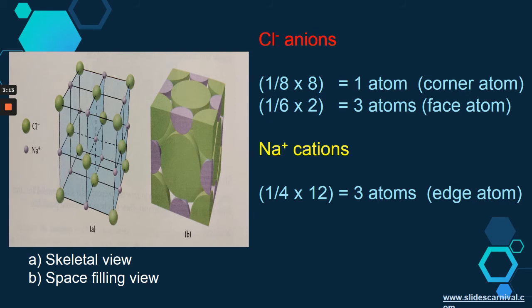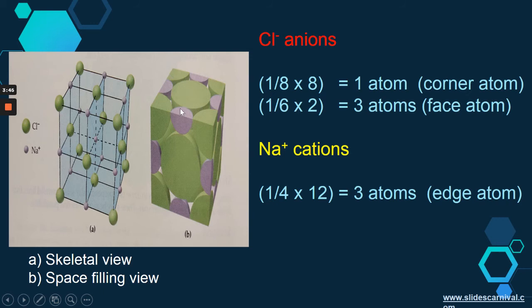You can see here the chloride anions fill the corner atoms and the face atoms of the unit cell. How many corners do we have in one cubic unit cell?